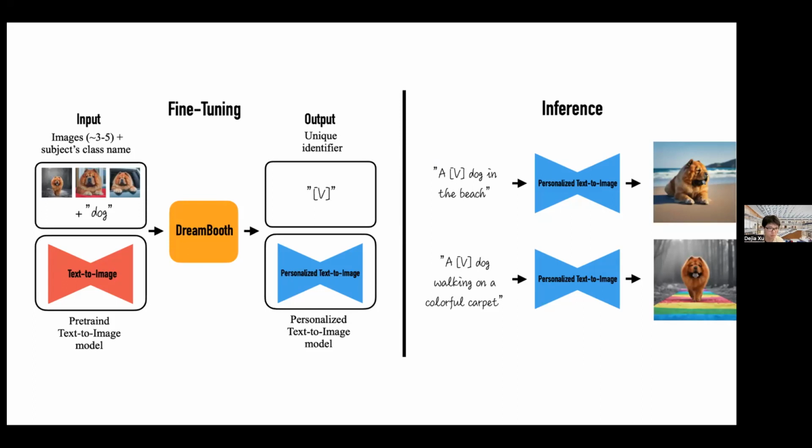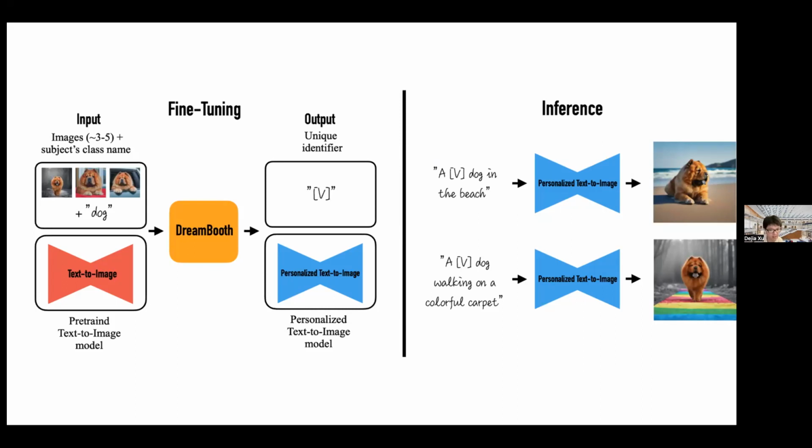Then we use DreamBooth to fine-tune a text-to-image model in a way that we encode a unique identifier that refers to this object. So by saying unique identifier, we are mentioning the V here. So we want the model to learn that when we say a V dog, we are referring to our dog.